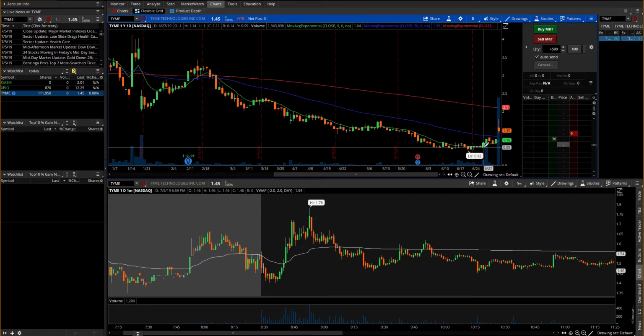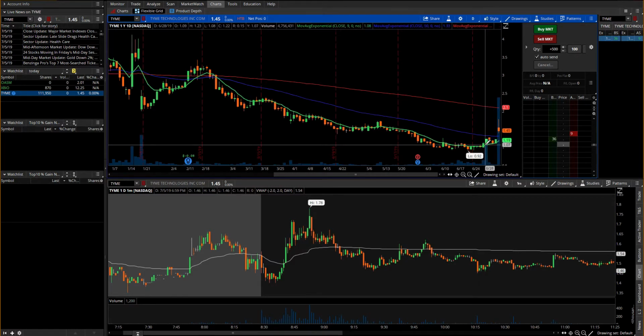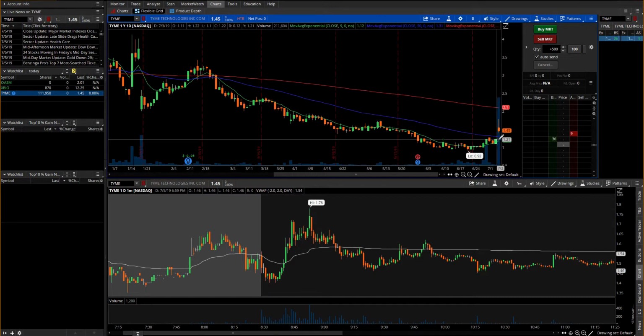And right back here at the end of June, you can see it popped right back above the 9 EMA, but the 50 was still there. So you know this EMA is going to hold up as support, and this is going to be resistance. And when it broke above this 130 on this 50-day EMA, it made a nice little move up.